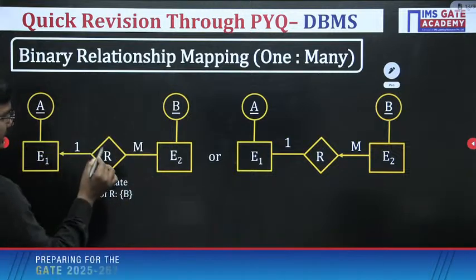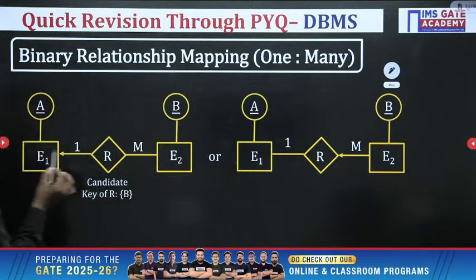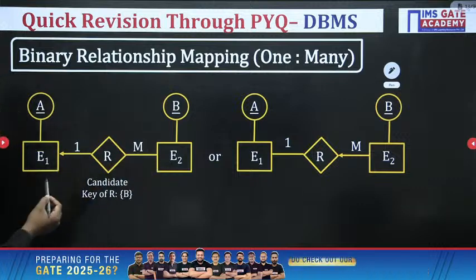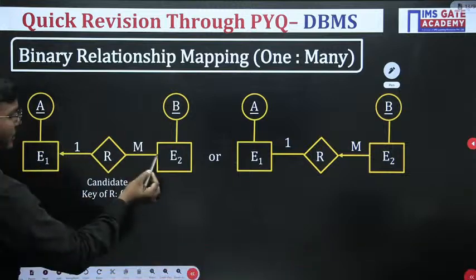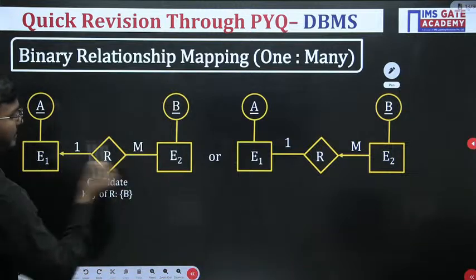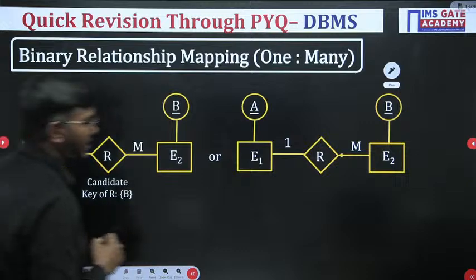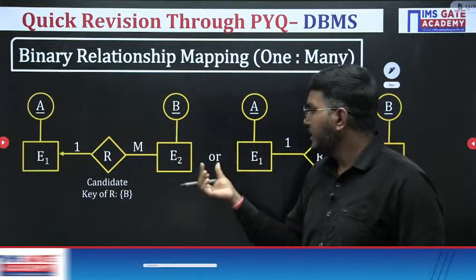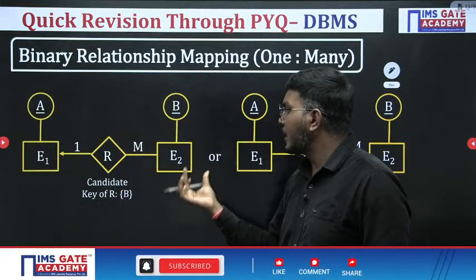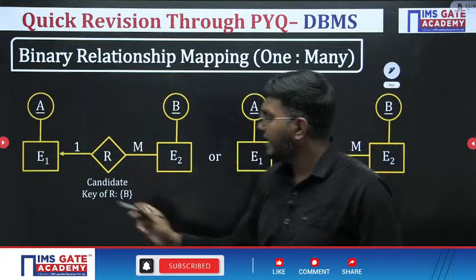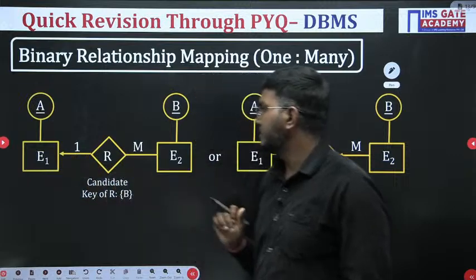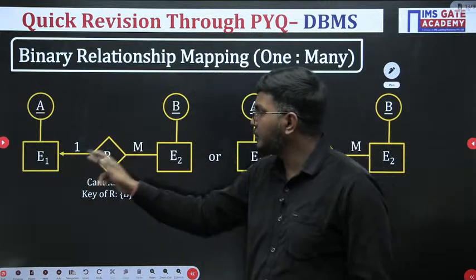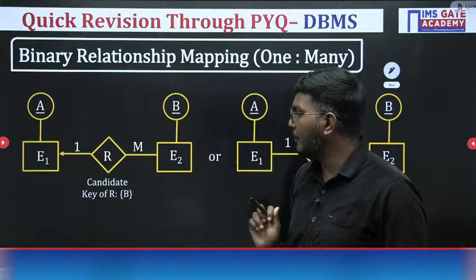R is a relationship set defined between the entity sets E1 and E2, and both sides have partial participation. What does partial participation mean? From E2, some of the entities are not participating in the relationship set. Similarly, some of the entities of E1 are not participating in the relationship set. Fine. Now see, the mapping is one to many. Getting my point? Understood now?